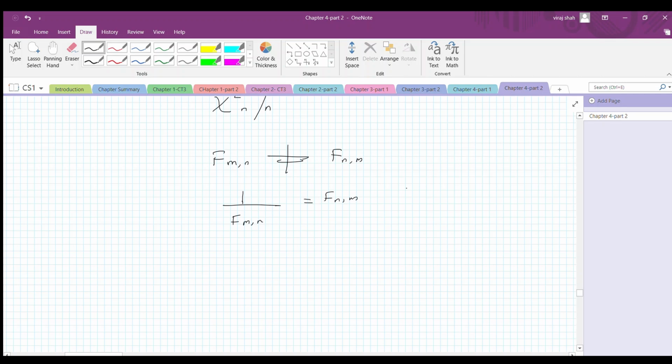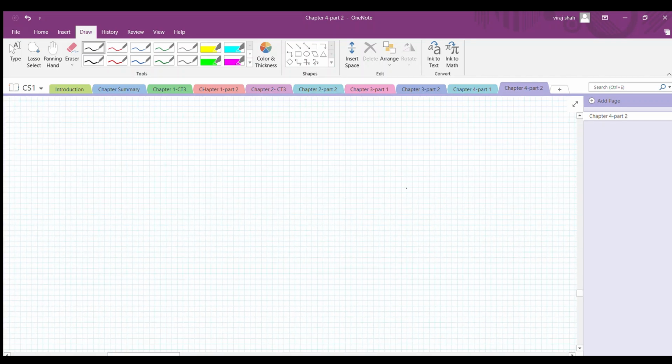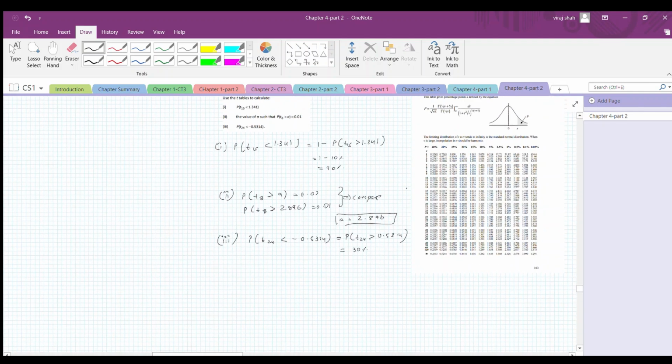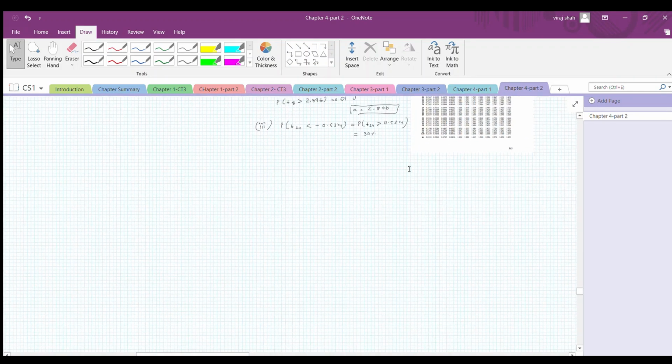Going ahead. I have not pasted the tables book for the F distribution, but using it is similar.